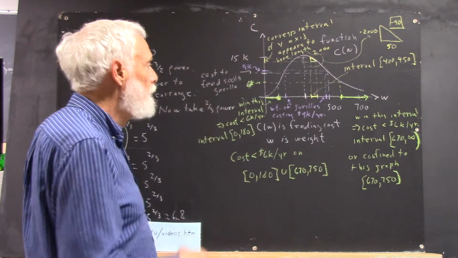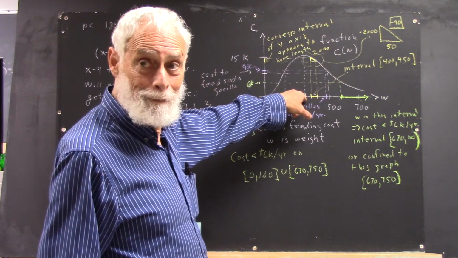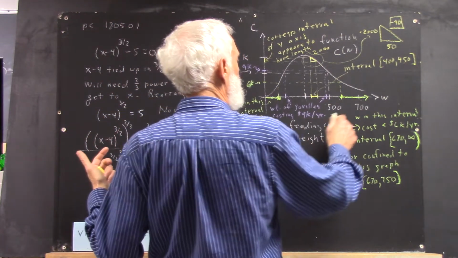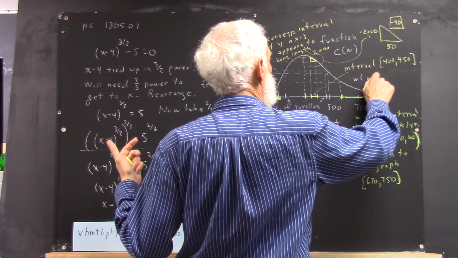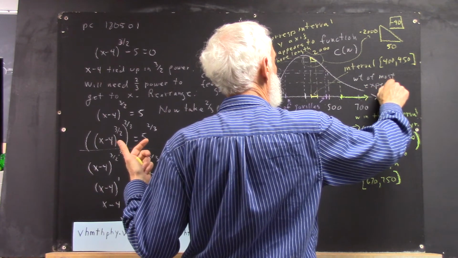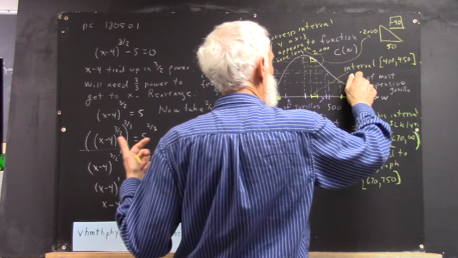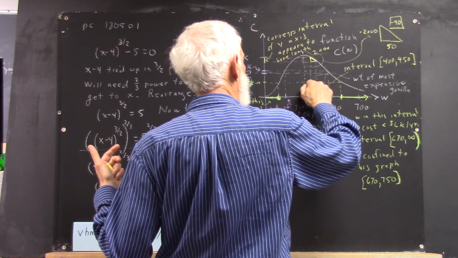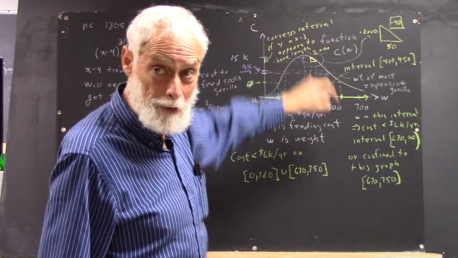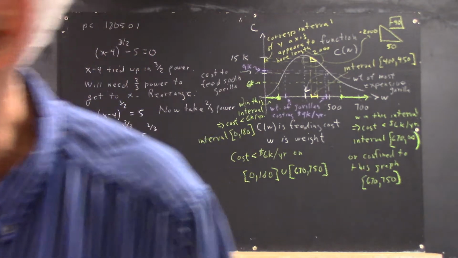On this one it looks like the weight's about 350. Right there is the weight of the most expensive gorilla, which corresponds to the W coordinate of the peak of this graph. And how much does it cost? Well, a little over 15K.